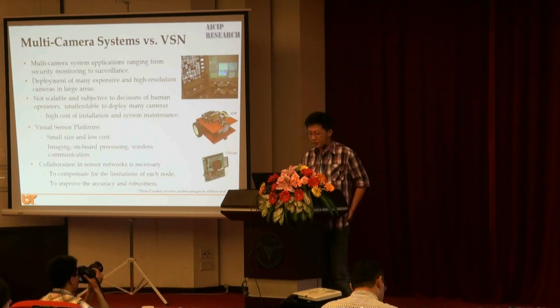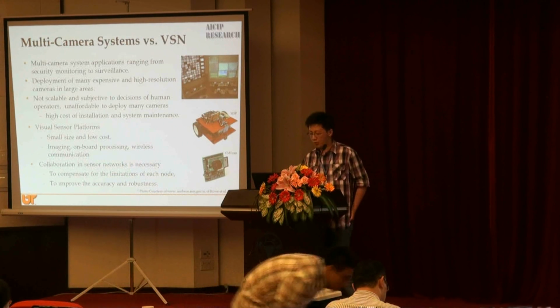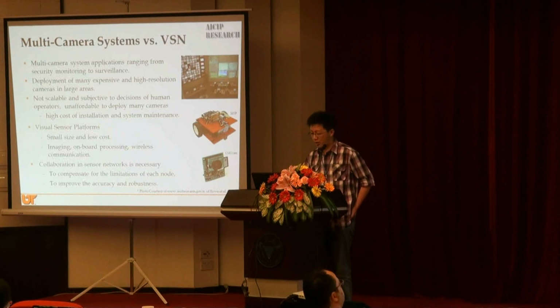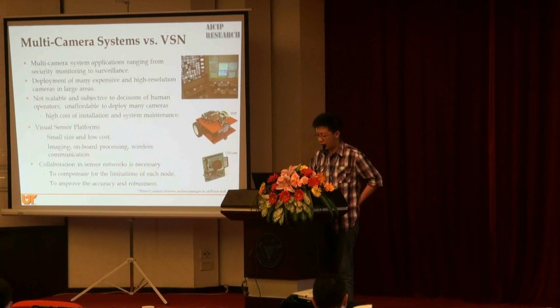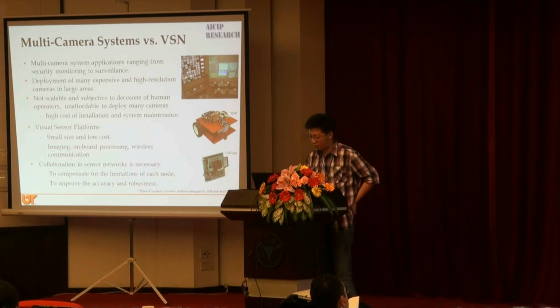The visual sensor platforms are of small size and low cost, with imaging, onboard processing, and wireless communication. So collaboration in sensor networks is necessary to compensate for the limitations of each node and to improve the accuracy and the robustness.